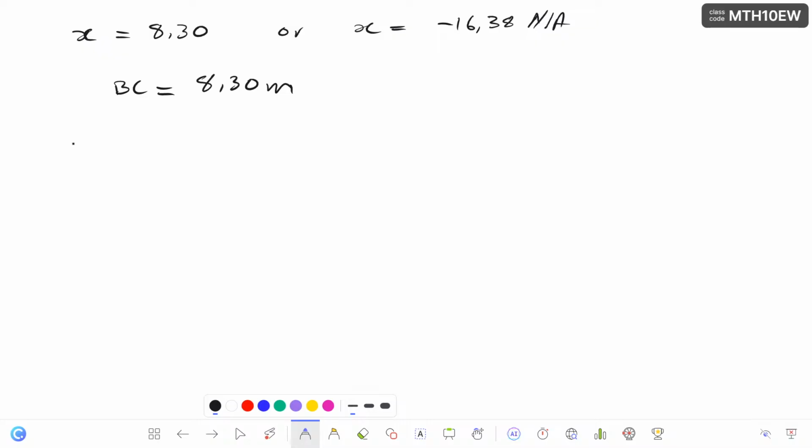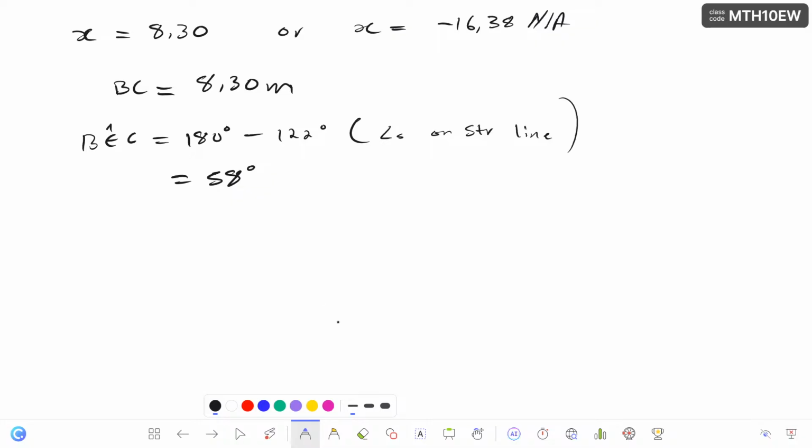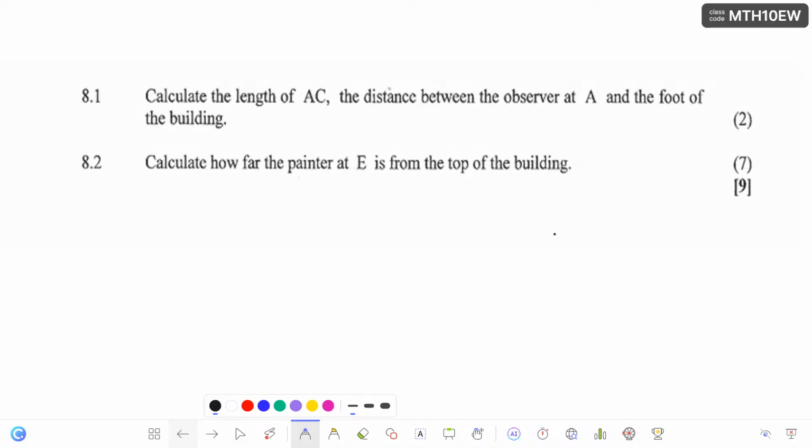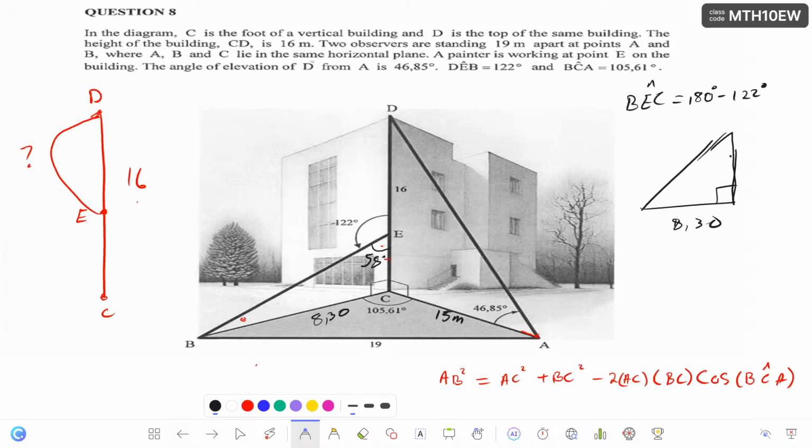So we can find the angle BEC by saying 180 degree minus 122 degree. Reason: angles on a straight line. So now this angle is 58 degrees, and we have a full triangle that has all the information that we need.